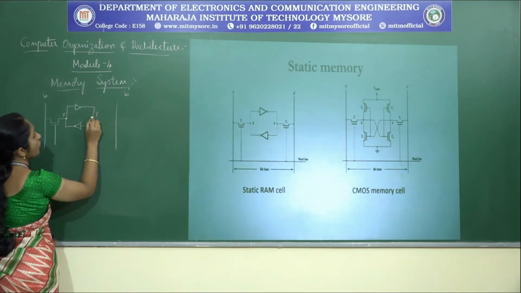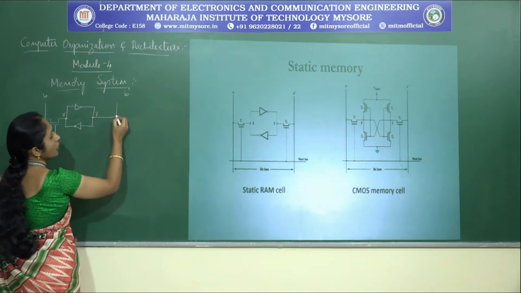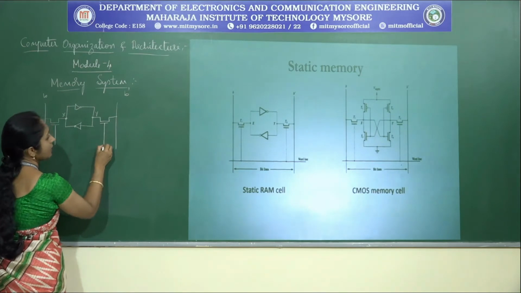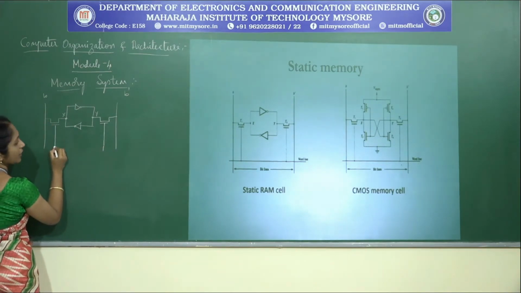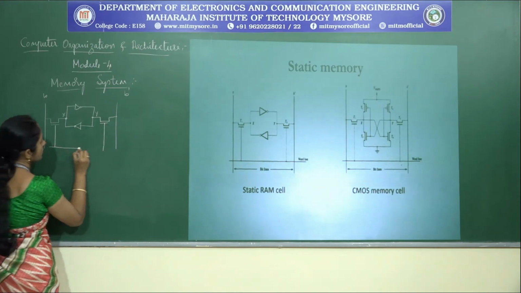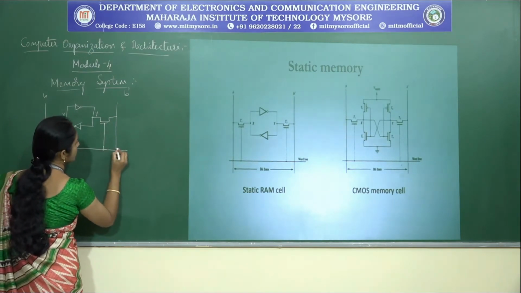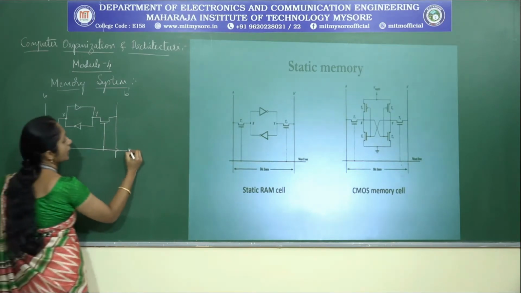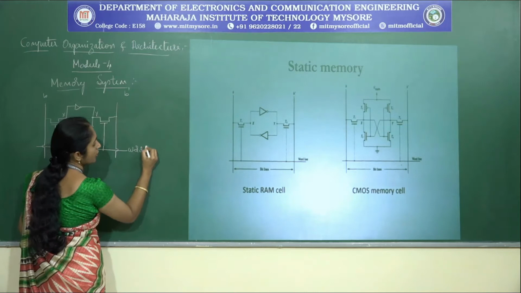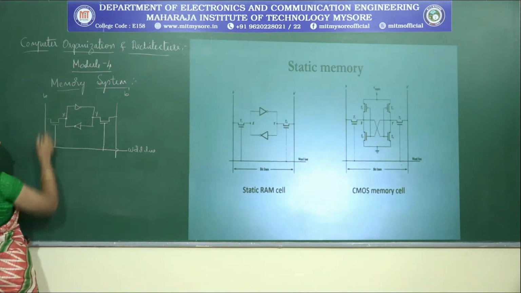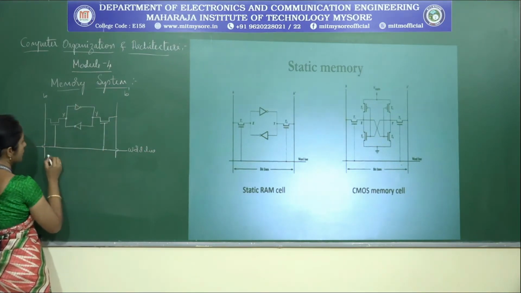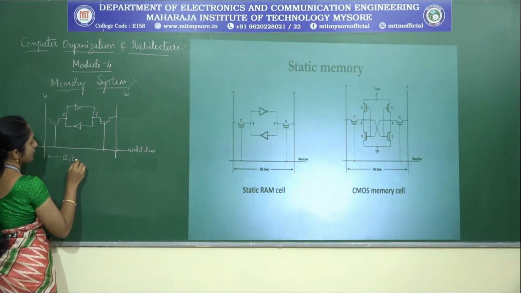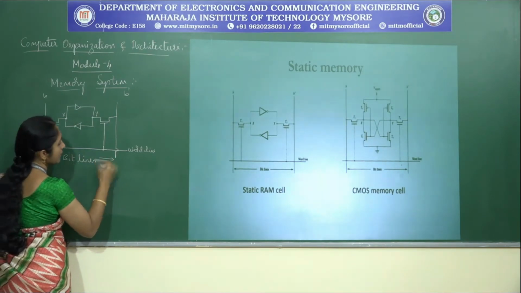Let us represent this node as Y. The transistors are connected to the word line, and B and B dash are the bit lines.